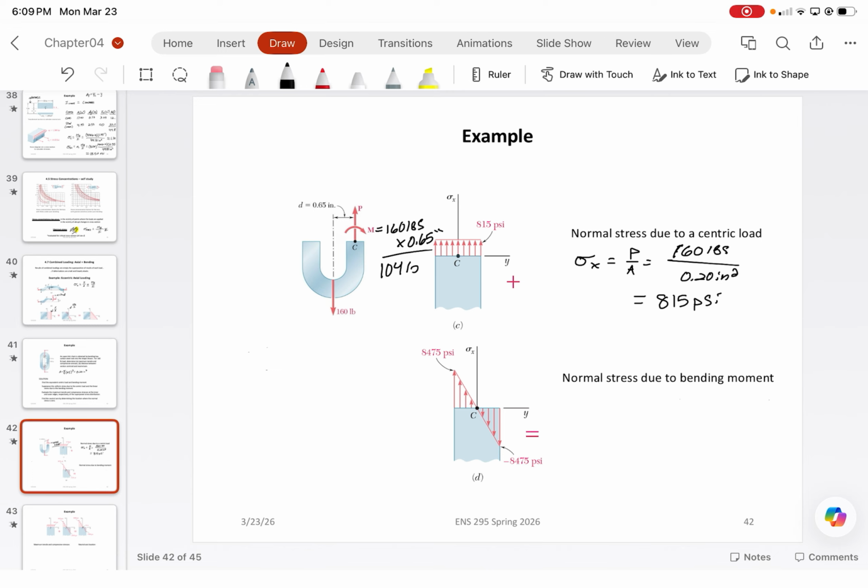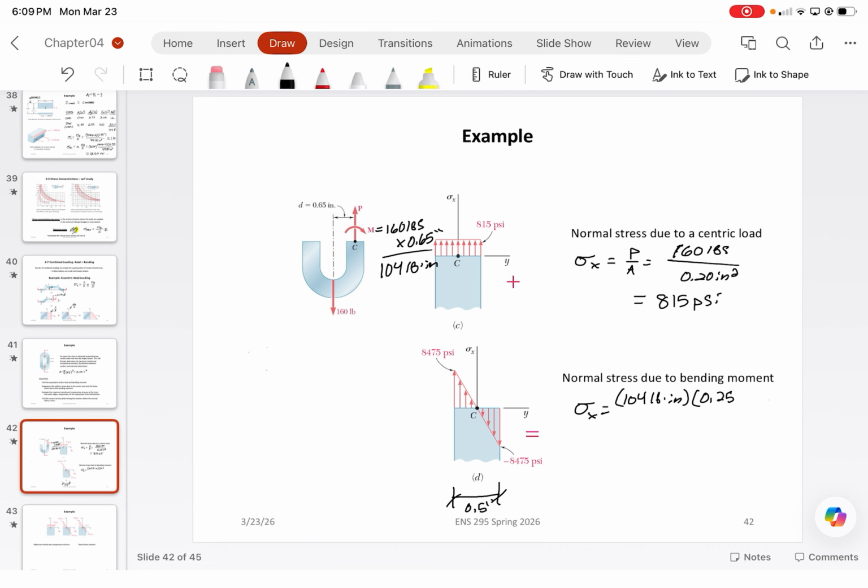So now what we do is calculate sigma x is equal to 104 pound-inches. The location of the extreme fiber, if you guys think about it, since the width has to be 0.5 inches, the maximum location from the neutral axis is half of that, right? So that y just becomes 0.25 inches.